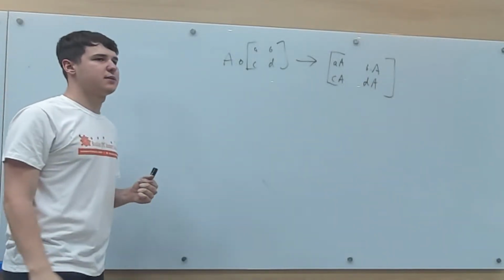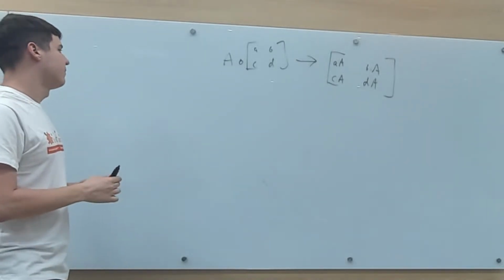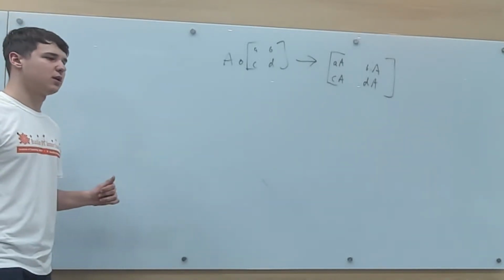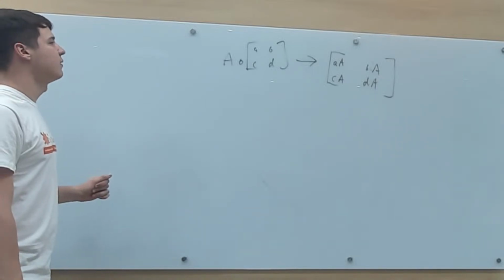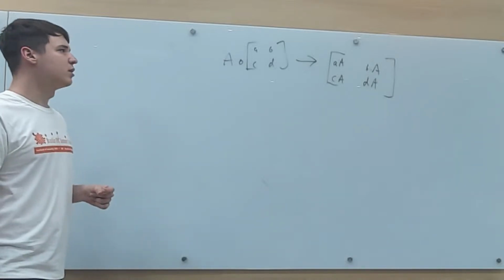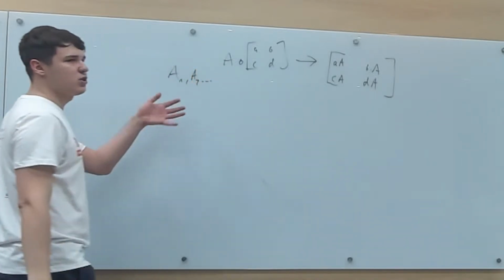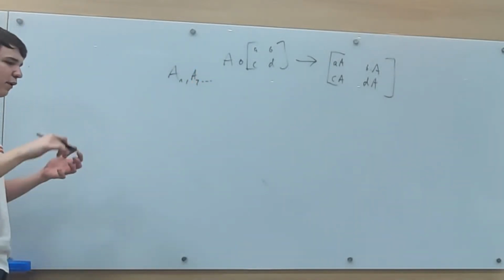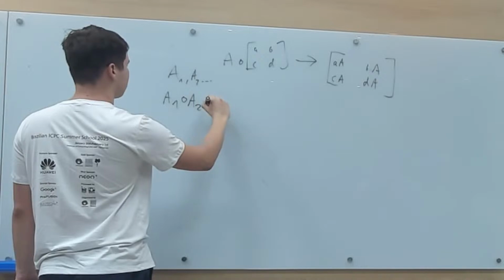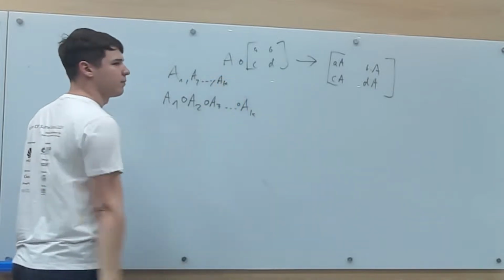Okay. So my claim is that if we want to have a convolution consisting of multiple smaller convolutions in many dimensions, and we have convolving matrices for each of the dimensions, then our convolving matrix for the full convolution is A1 Kronecker A2 Kronecker A3 Kronecker ... Kronecker AK.